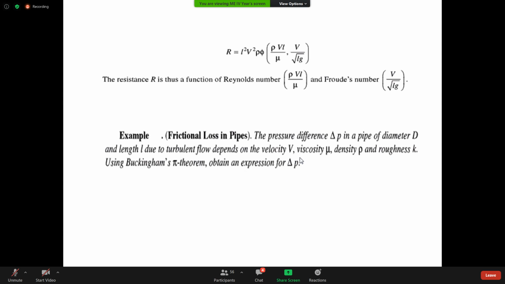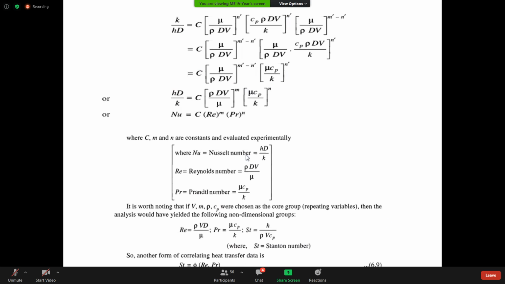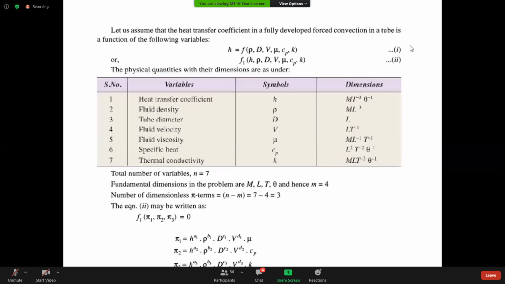And he is asking you to calculate the delta P equation, the famous one. This is the famous equation from fluid mechanics. Right. Next step, I'm not going to do this. Just I'm explaining how to do.